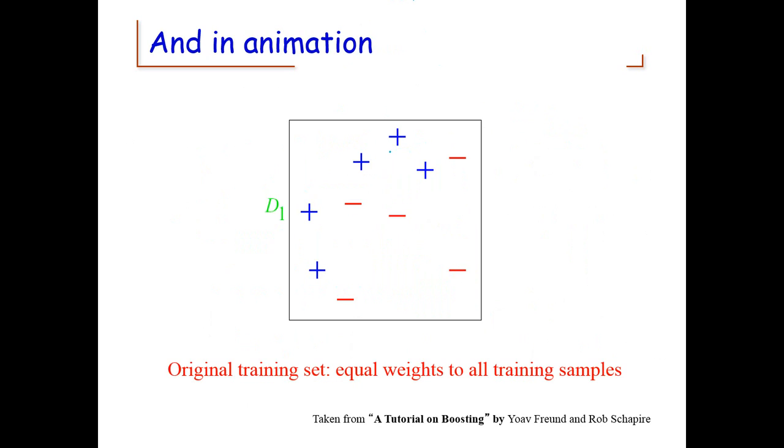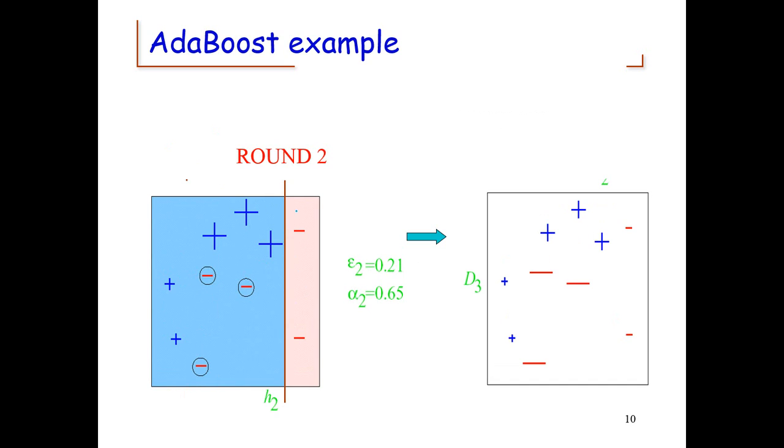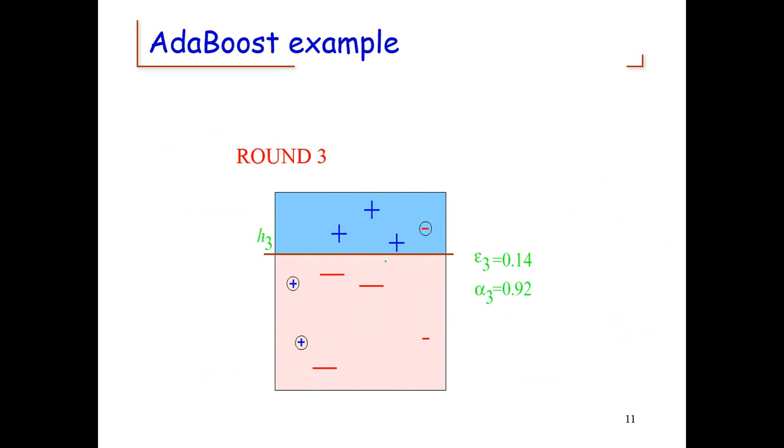It can also be understood in a different way, where you have a bunch of data points to be classified, and in round one you come up with some sort of classifier, and that does a bad job. It just tries to classify pluses and minuses, and it's not able to classify well. In the second round, it is able to do it for negatives, but it's again doing a bad job. The third time, we use another classifier, which again does a bad job.